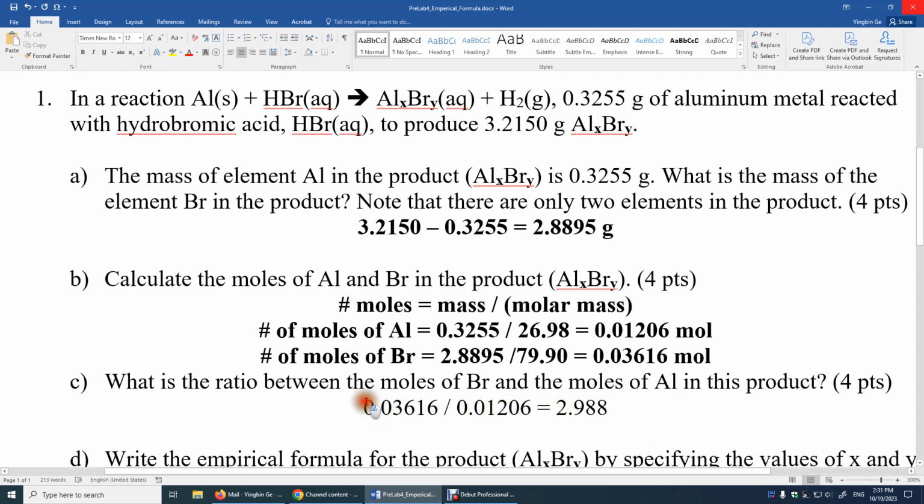So the ratio is 2.988, or you can say the number of bromine versus the number of aluminum is equal to 2.988 to 1. For each mole of aluminum we have 2.988 moles of bromine in the compound.